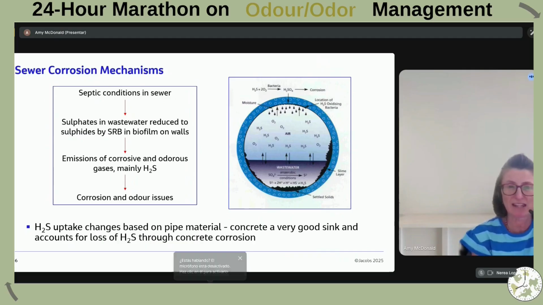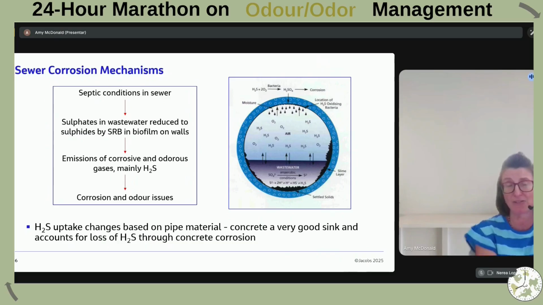This results in the emissions of corrosive and odorous gases, of which H2S is the major one. This H2S is then oxidized by H2S oxidizing bacteria that live in the crown of the sewer, producing sulfuric acid, which then leads to corrosion of concrete sewers.